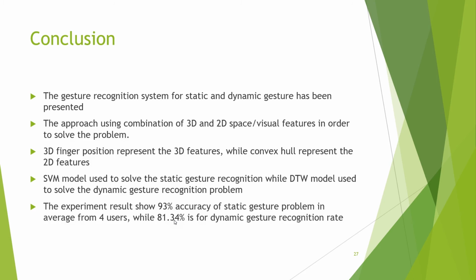We use an SVM model for static gesture recognition and DDW for the dynamic gesture recognition problem. The experiment results show 93% accuracy for static gestures, averaged over 4 users, while 81.34% is the dynamic gesture recognition rate.